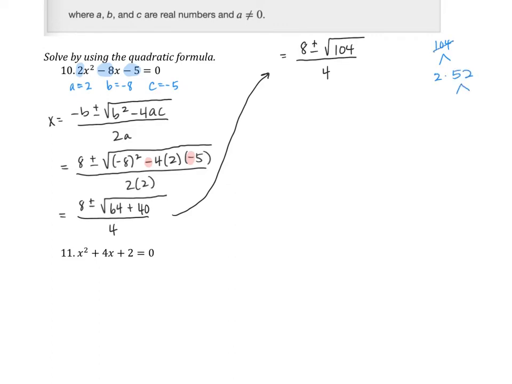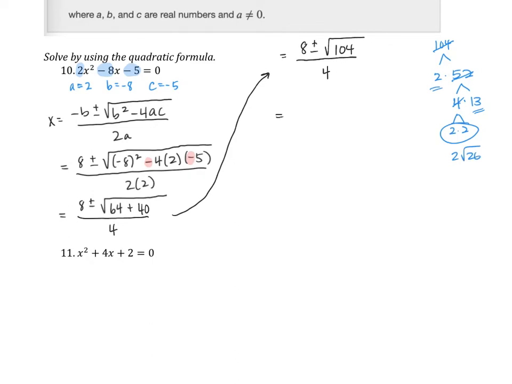And then 52 is 4 and 13. And then 4 can break down into 2 times 2. And now I have all prime numbers. So I can see that here I have a pair of 2's. So a 2 will come out. And a 2 and a 13 are left without a pair. So those will stay under. So this would be 2 square root 26.